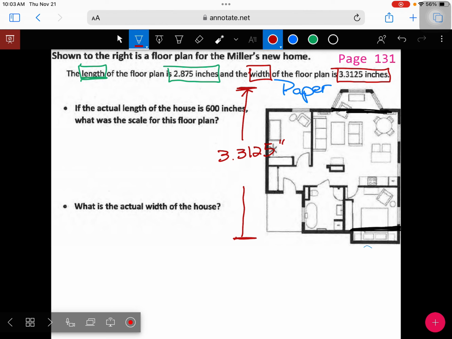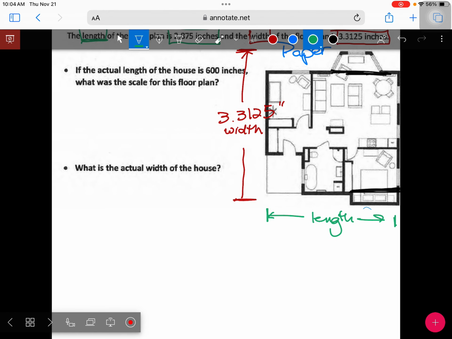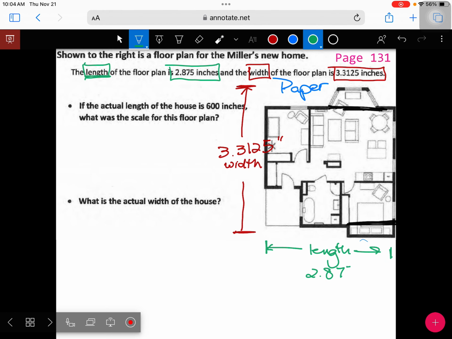Two little apostrophe marks, it's the shortcut for inches. All right, which means our length is going this way from here to here. This is the length, and it is 2.875 inches. Again, two little apostrophe marks.